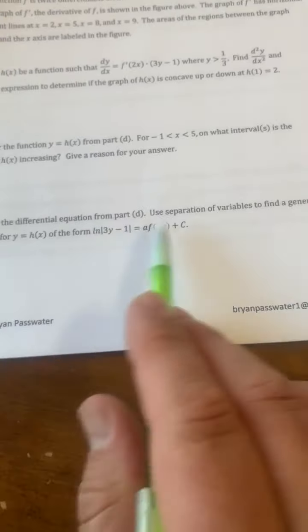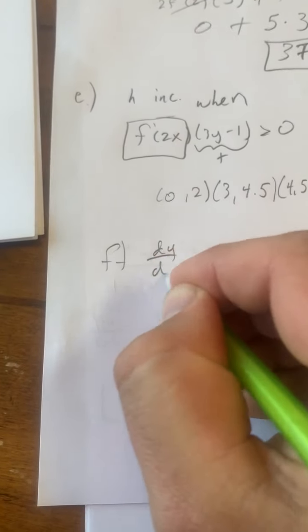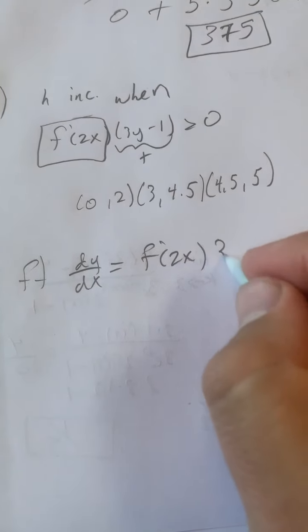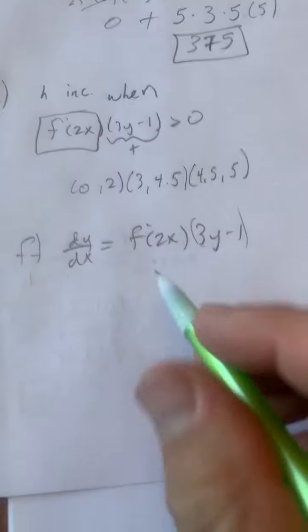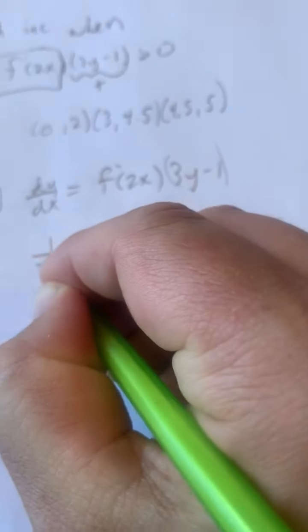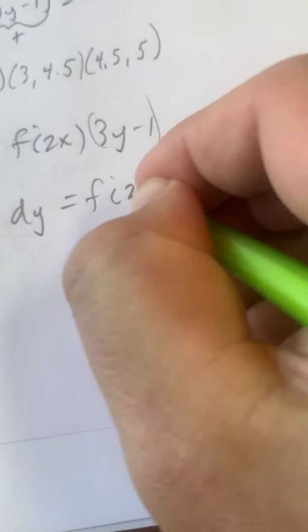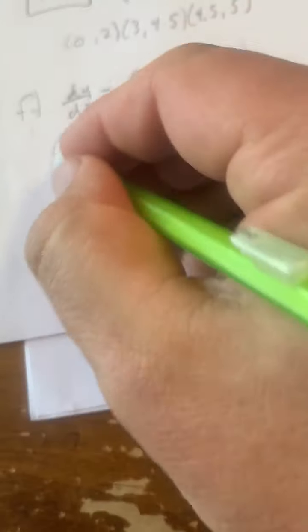Then F says, here's this differential equation. So we have dy/dx equals f prime of 2x times (3y minus 1). It says use separation of variables. So I'm going to bring the 3y minus 1 over here. I'm going to leave the f prime of 2x here and put the dx over there, and then I'm going to integrate.